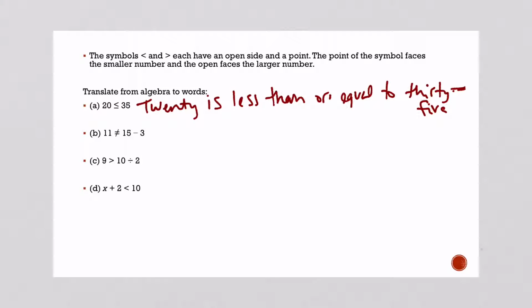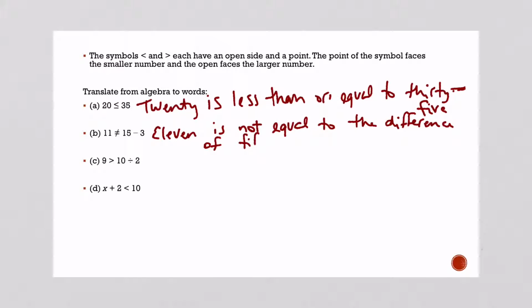Notice how there's a slash through that equal symbol on part B. So you would say 11 is not equal to the difference of 15 and 3.